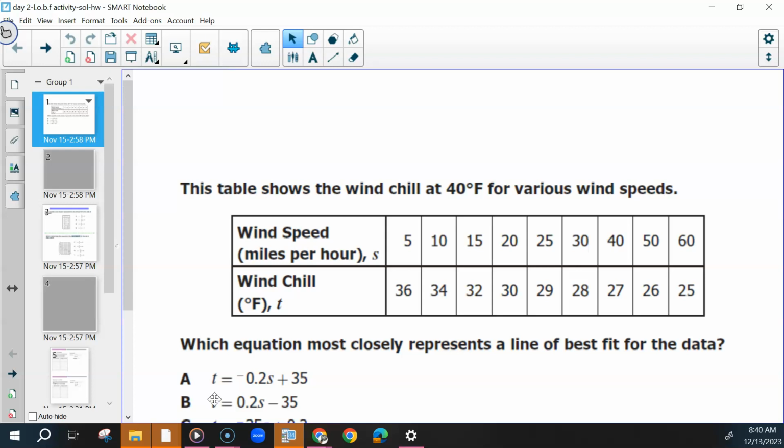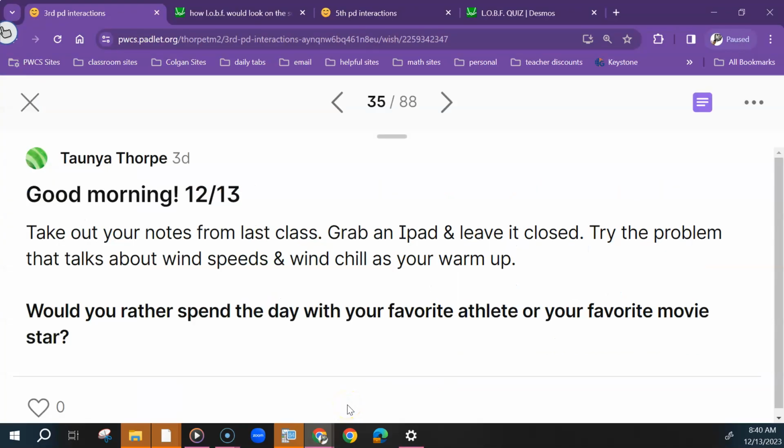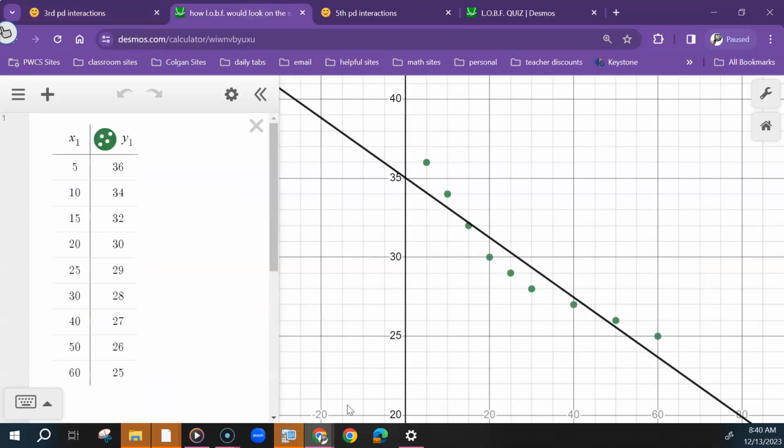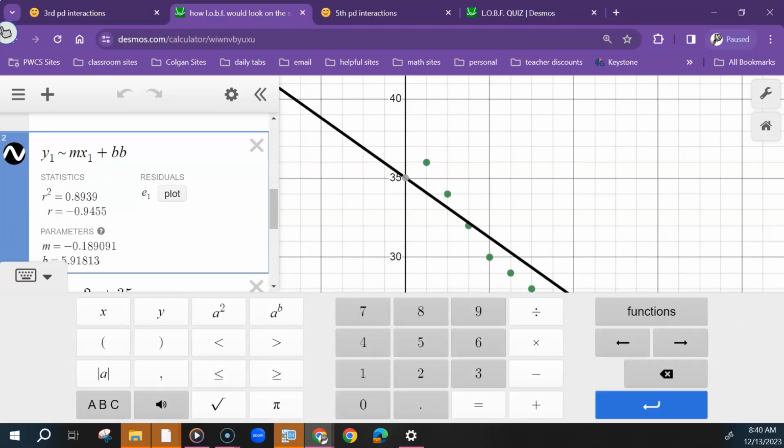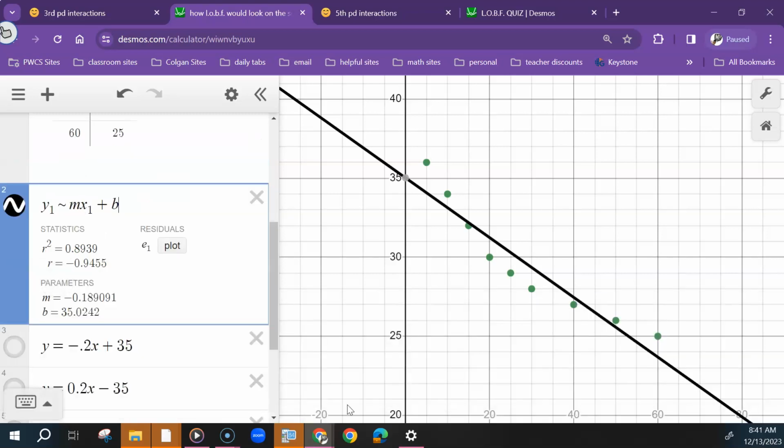This into decimals. If anyone did this on the calculator, I can also do it on the calculator. There were a couple different ways you could have gone about doing this. Most of you probably put the table into decimals, and then typed in your y1 tilde mx1 plus b, and then saw your m and your b, and figured out which one was closest to it.